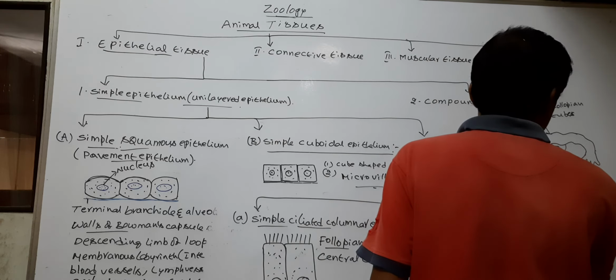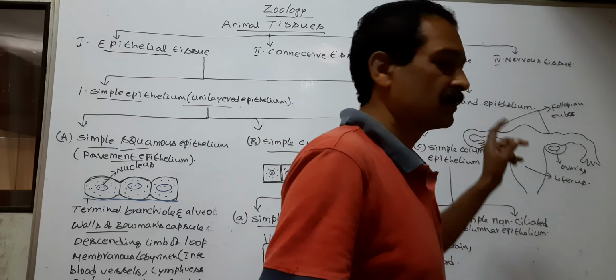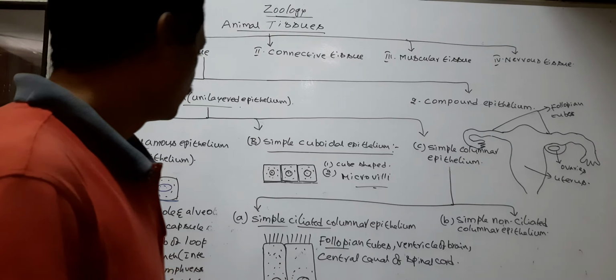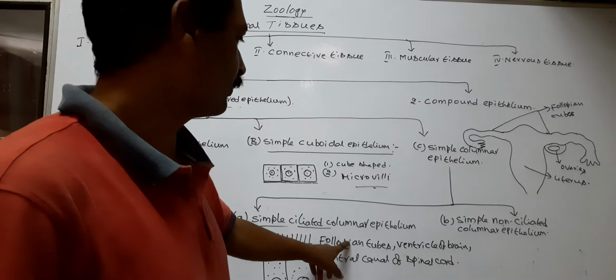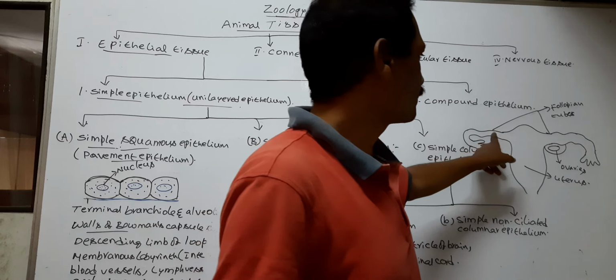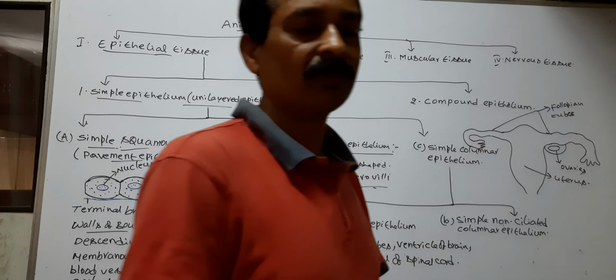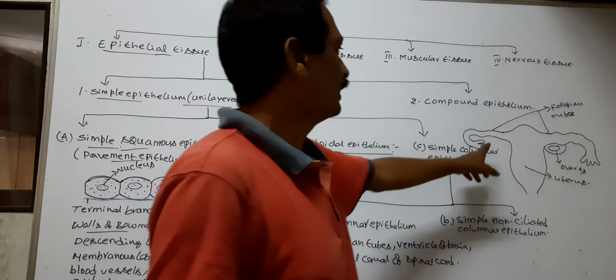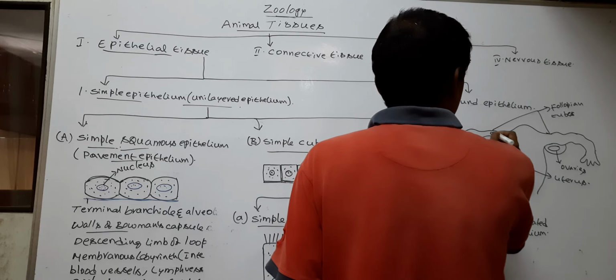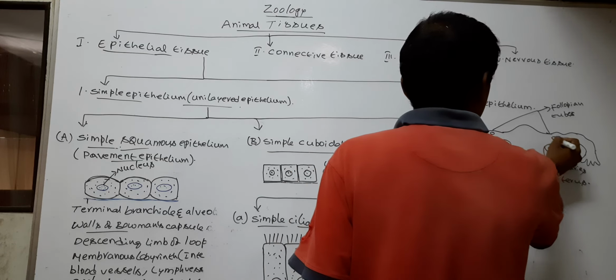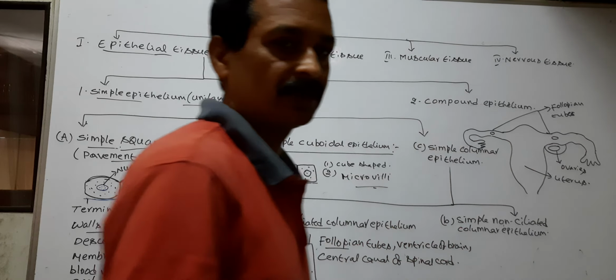The wall of the fallopian tubes possesses simple ciliated columnar epithelium. The fallopian tubes are the sites of fertilization. In the fallopian tubes, the male and female gametes fuse with each other to form a zygote.